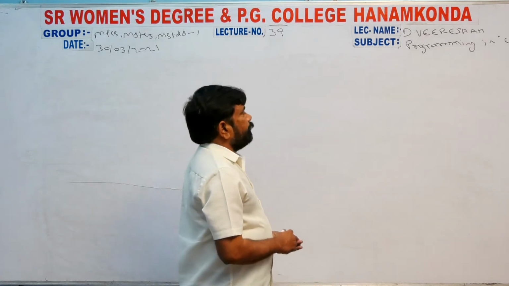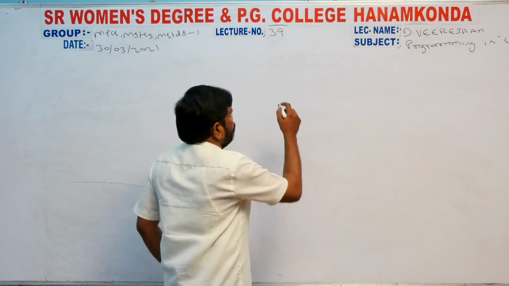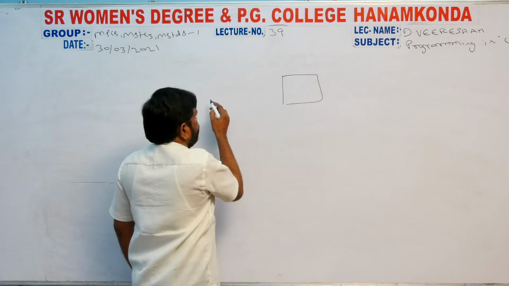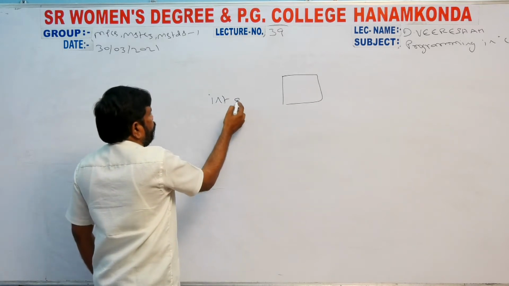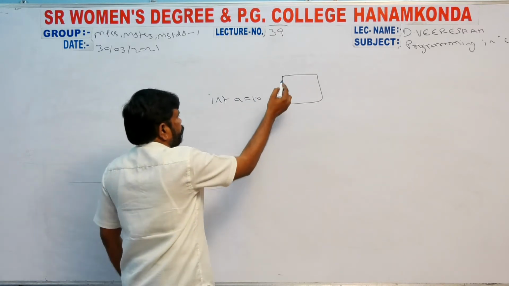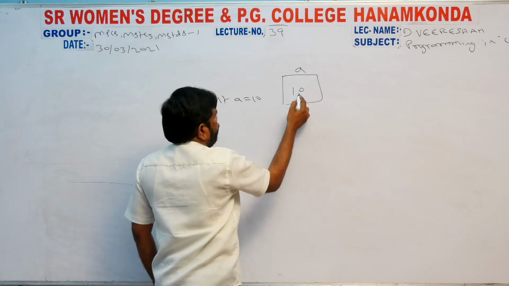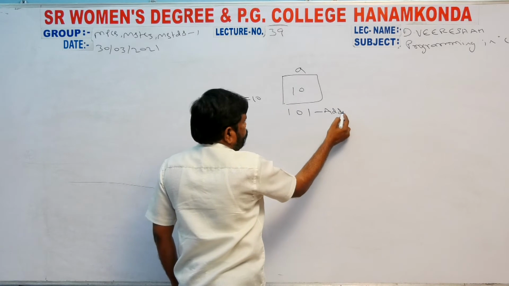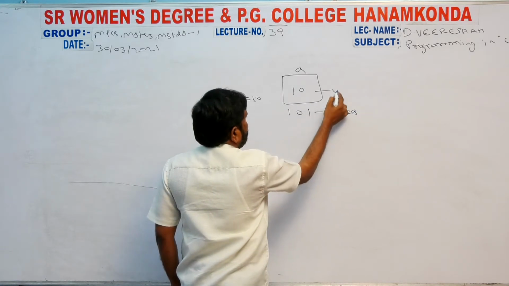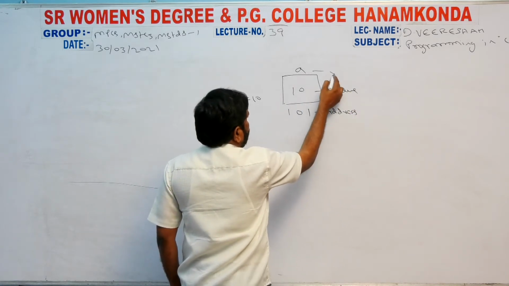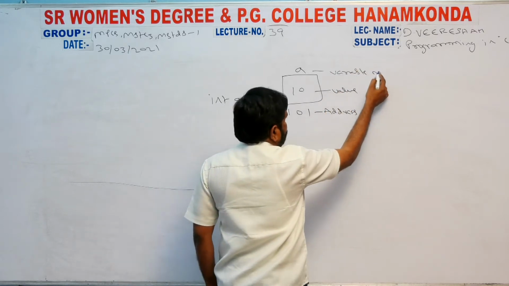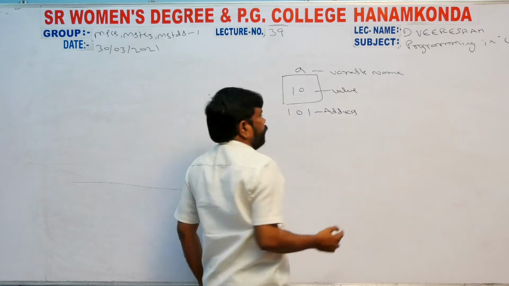So where did the address actually enter the picture? I already told you that whenever you store something, suppose int a = 10, it gives a memory block, then 10, and it will have an address. So this is the address, this is the value, and this is the variable name.